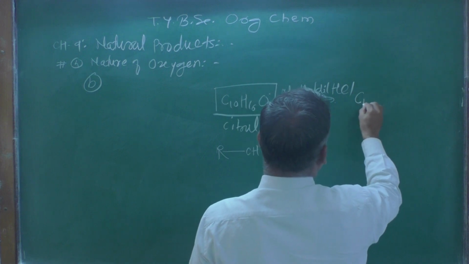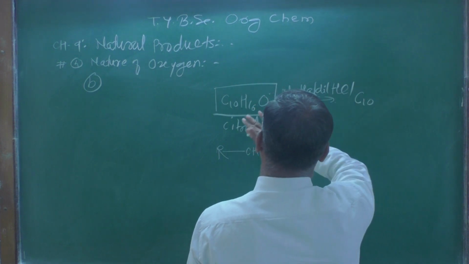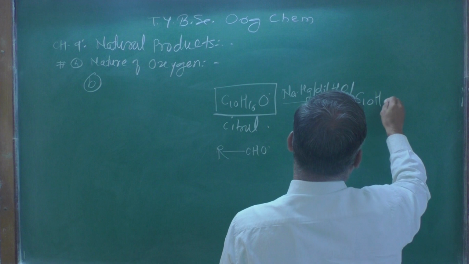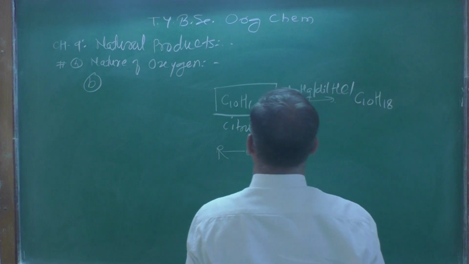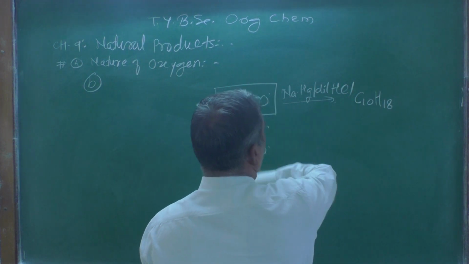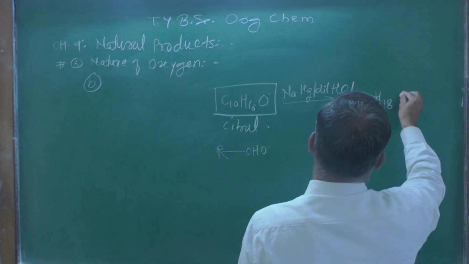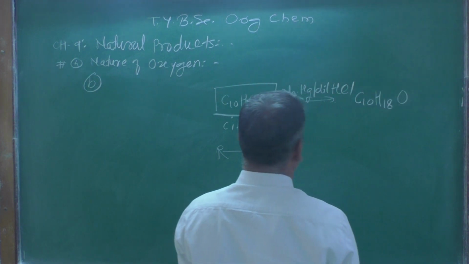The molecular formula: carbon remains as it is, C10, and only 2 hydrogen atoms are added, so 16 plus 2 becomes 18.